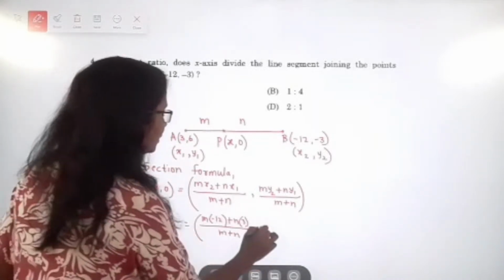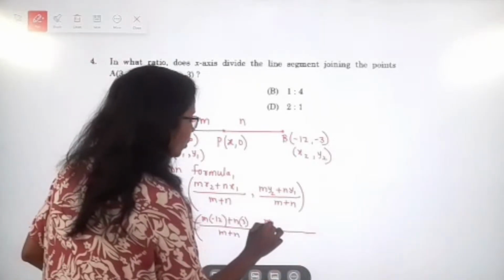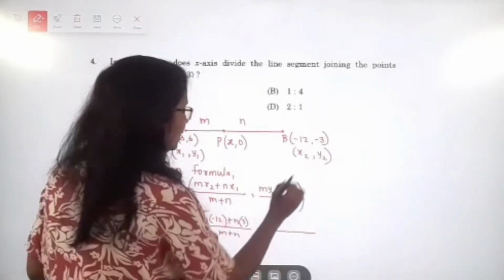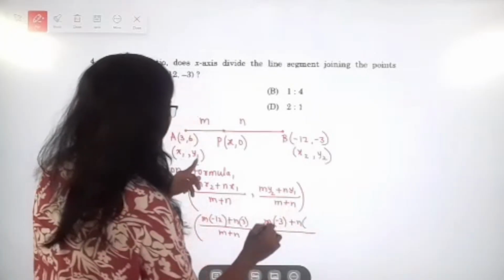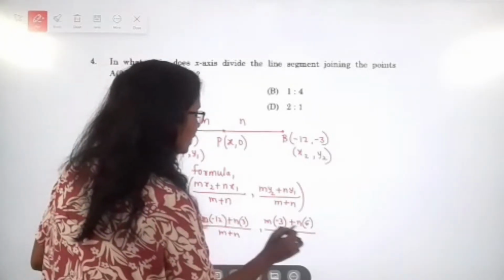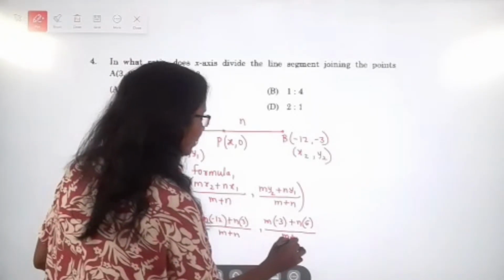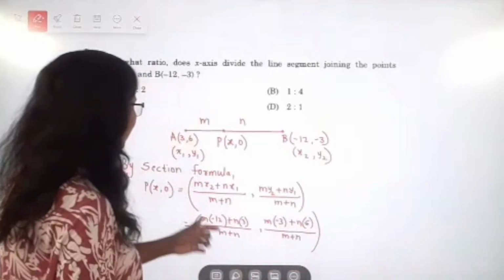Then comma, m y2. So y2 is minus 3, plus n y1, which is equal to 6, and then here students, m plus n. Then we simplify this.